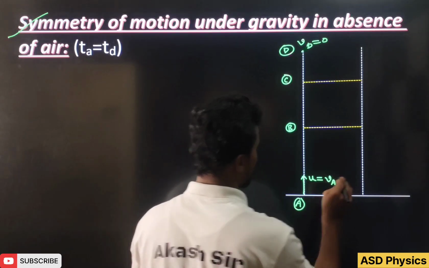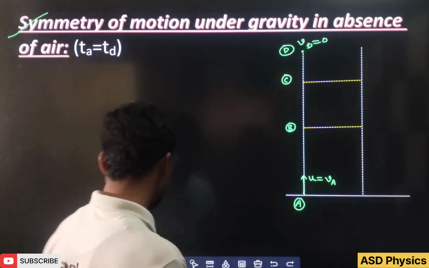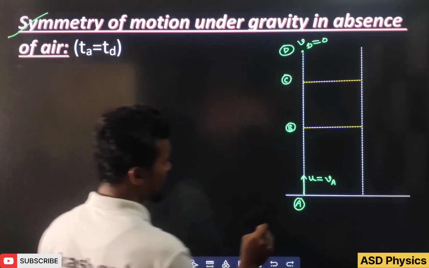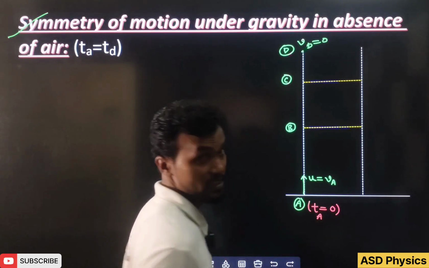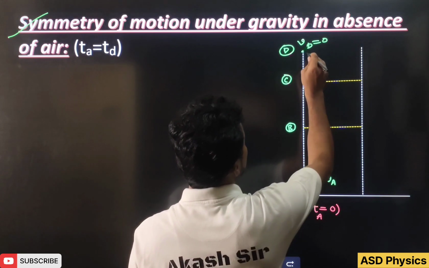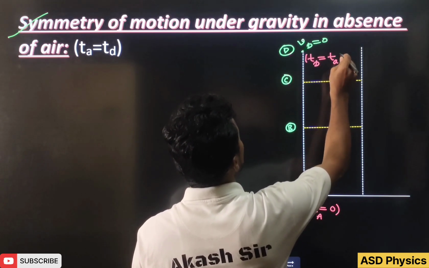This is the velocity at point A. The time taken from A to D is called the time of ascent. So here I can write TD equal to time of ascent.